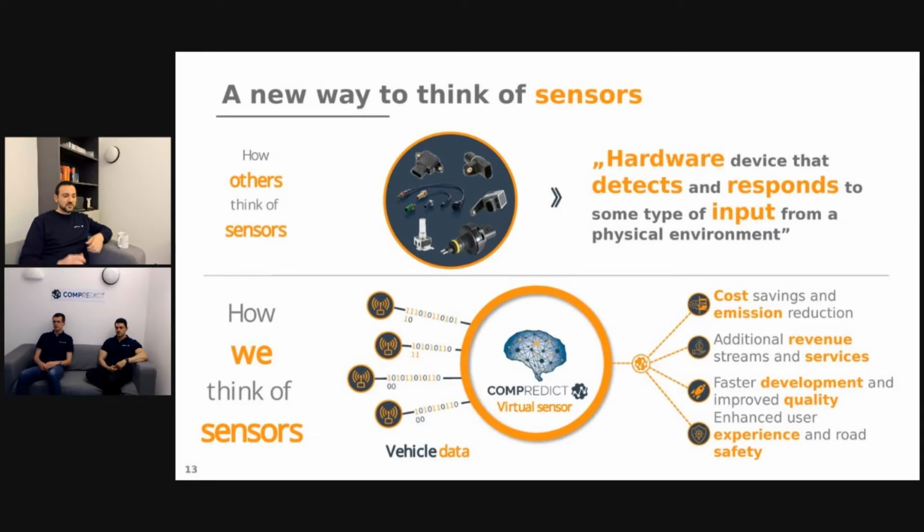Yeah. So with our virtual sensors, we are actually able to provide detailed health and usage monitoring of various vehicle components, like wear components such as brakes, tires, low voltage and high voltage batteries, as well as non-wear components. Yeah, so we are looking at components like gearboxes, steering systems, suspensions, and so on.